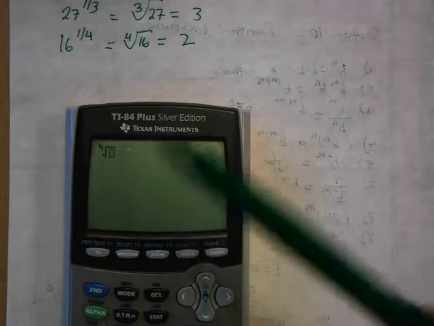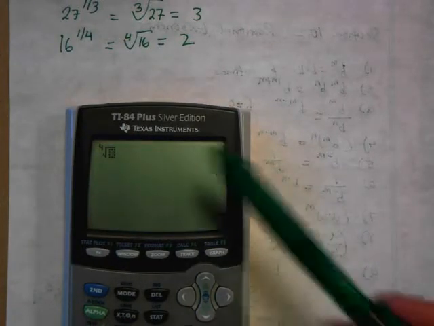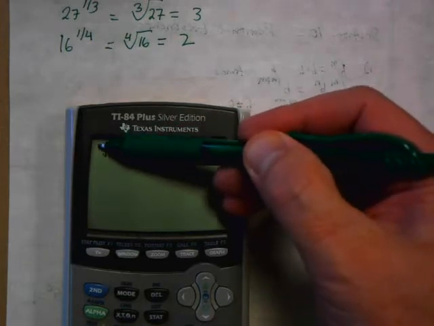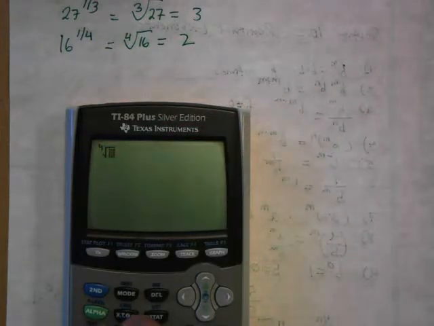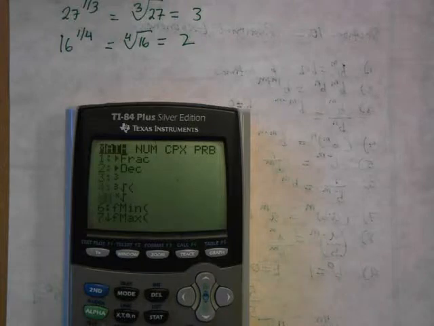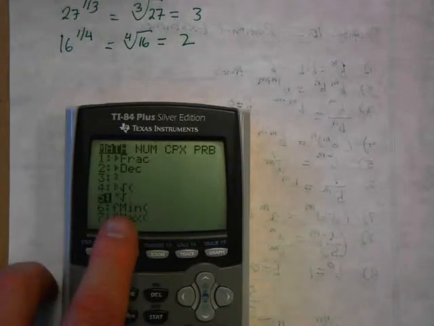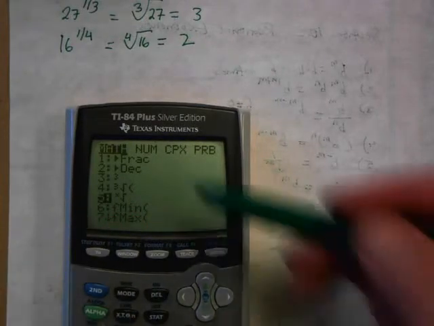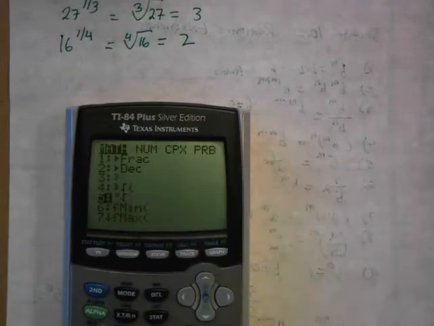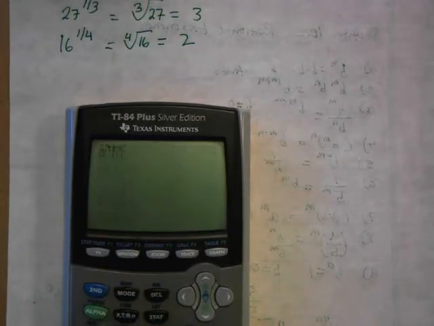And notice what it did. On my calculator, I have the new one. It puts the little 4 where that x was. If you have an older calculator, it's actually going to write the x and the root symbol. But it's plugging that 4 in for the root. So 4th root of 16. My calculator tells me it's 2.